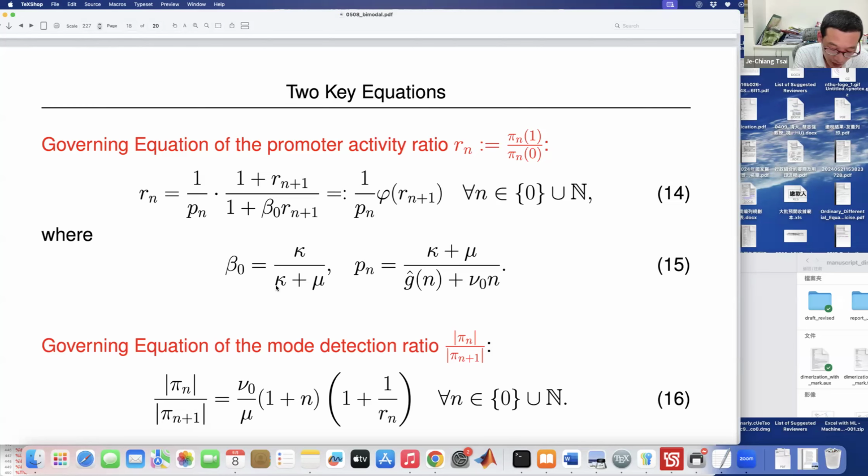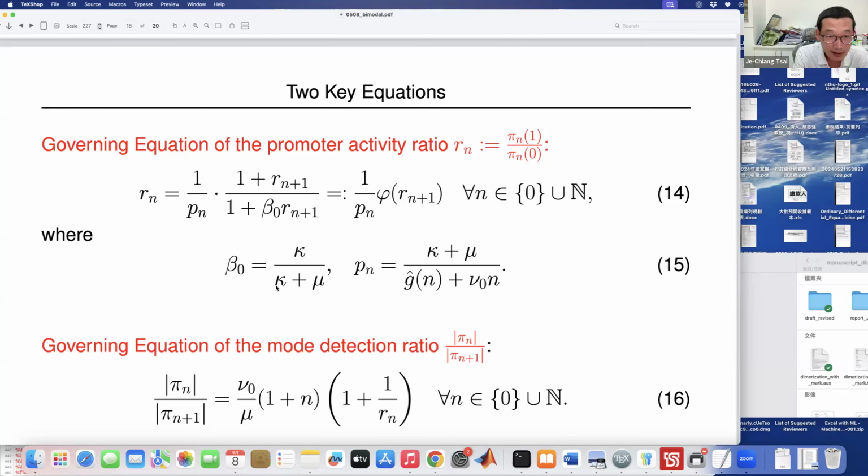Our approach is first to truncate the chemical master equation, so we have a finite number of equations, and we also use the probability bounding condition because we truncate this into a finite system.